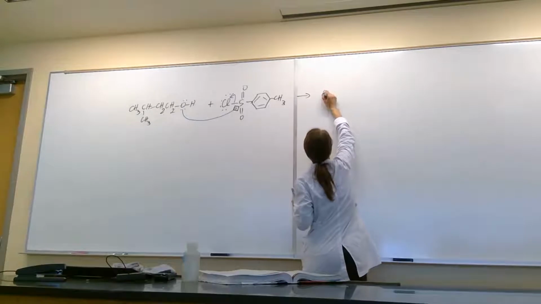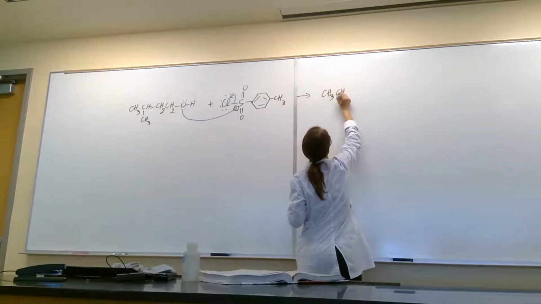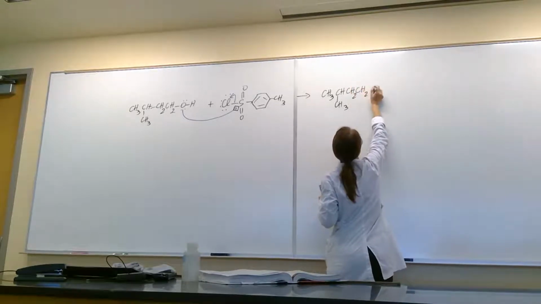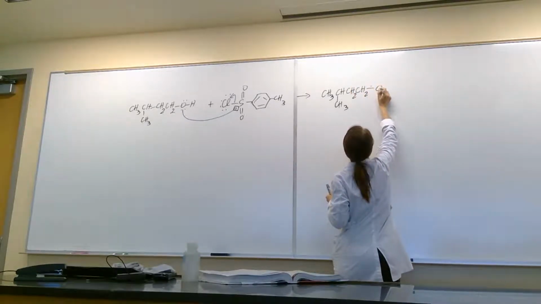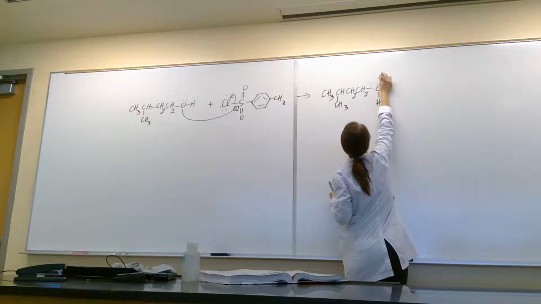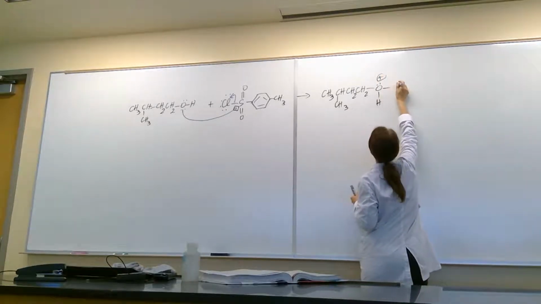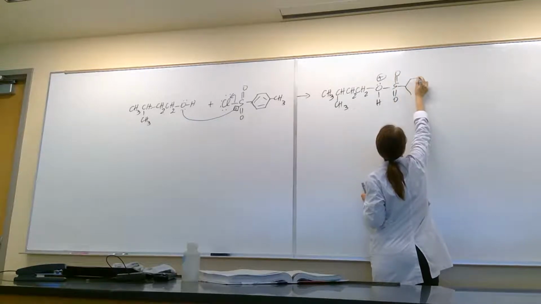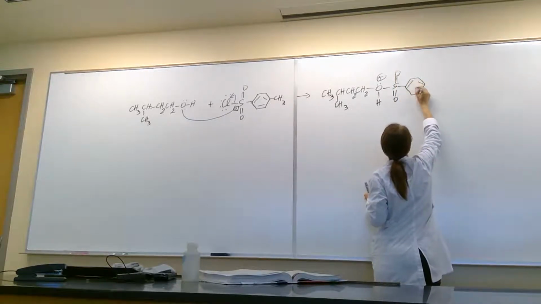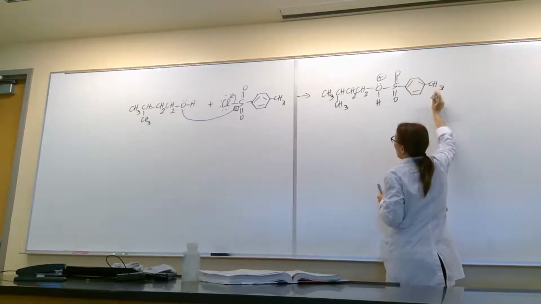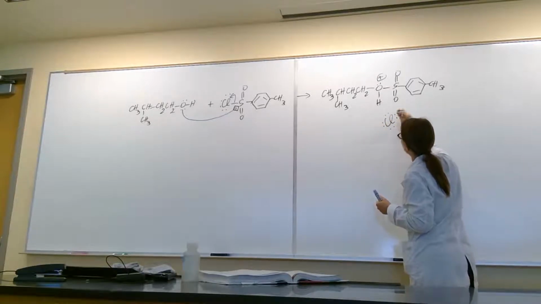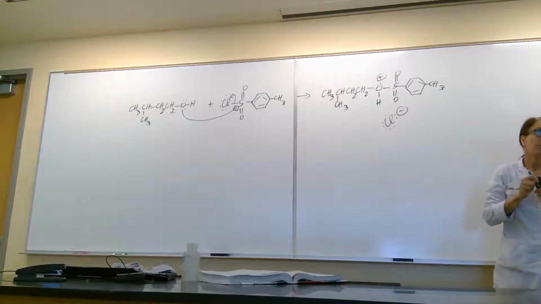Then we end up with CH3, CH, CH3, and then plus Cl minus. So now the Cl minus is ready to attack.